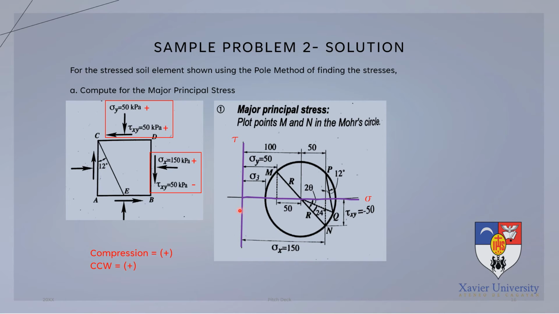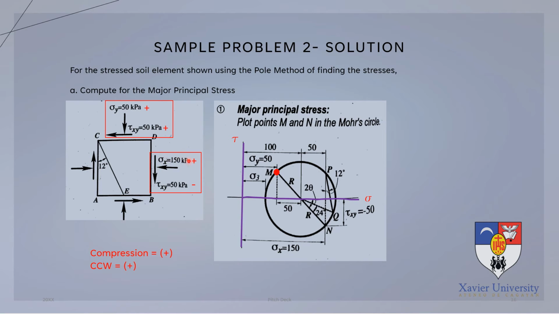So any movement along the y-axis is our shear stress, and any movement along our x-axis will be the value of our normal stress. First, this set of coordinates, if we plot this in our Cartesian plane, the x is 50, so we move 50, and then the y is positive 50, so we go up positive 50. That would be this point, and that is our point M.